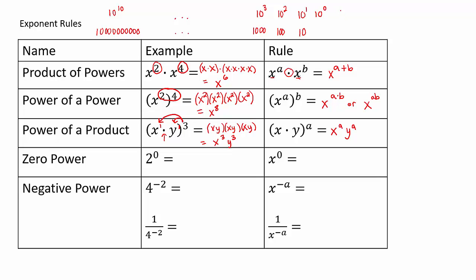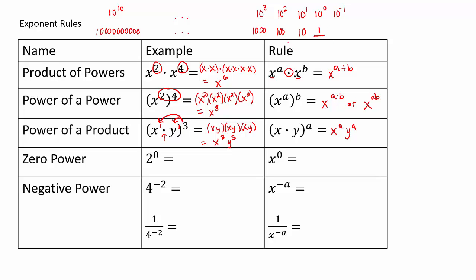What does it mean for 10 to be to the 0 power? What does it mean for 10 to be to the negative 1? So let's look at what our pattern is here. If I have 1,000, and then I have 100, and then I have 10, each of these are going down by a 0. And so if we follow that pattern and try to fill in what 10 to the 0 power is, we would take off a 0 from 10, and that would give us 1.